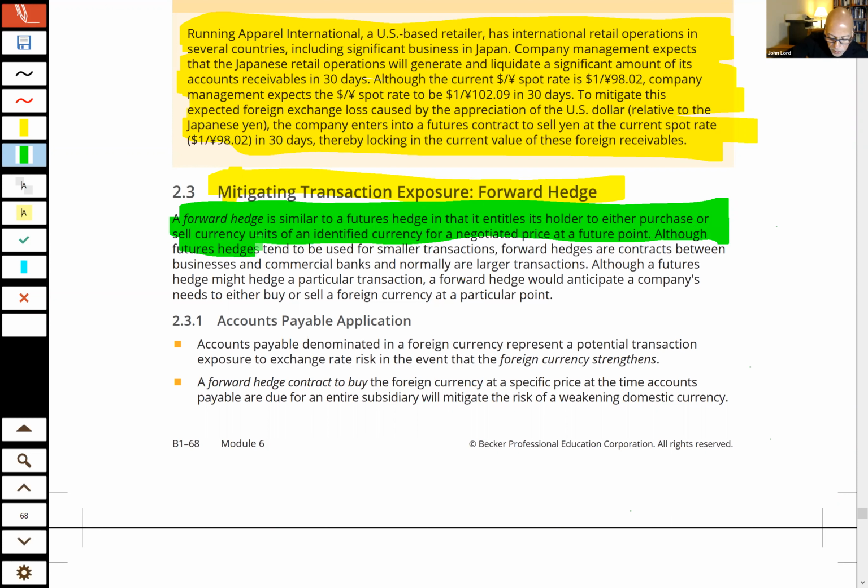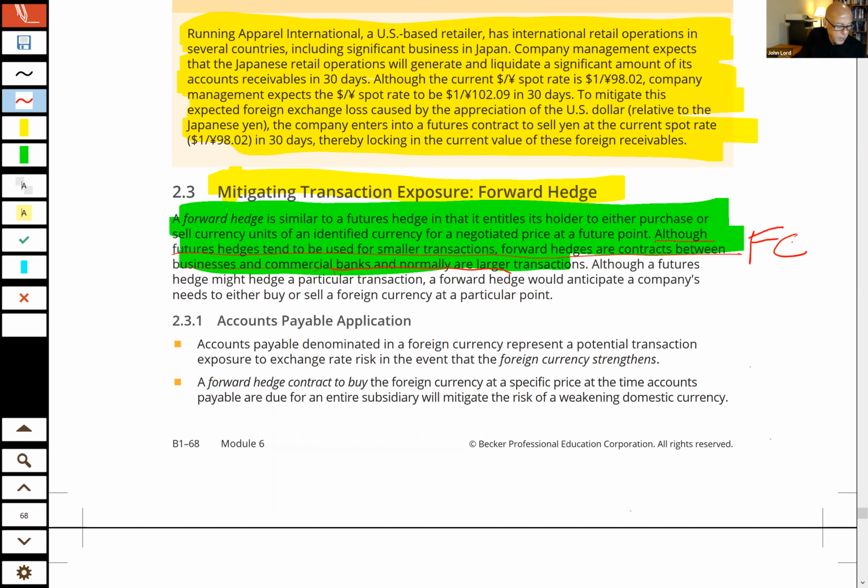Although futures hedges tend to be used for smaller transactions, forward hedge contracts between businesses and commercial banks are normally for larger transactions. And so that's what I want you to flashcard here, that if you have a larger transaction, you would use a forward hedge, and just go ahead and flashcard that.